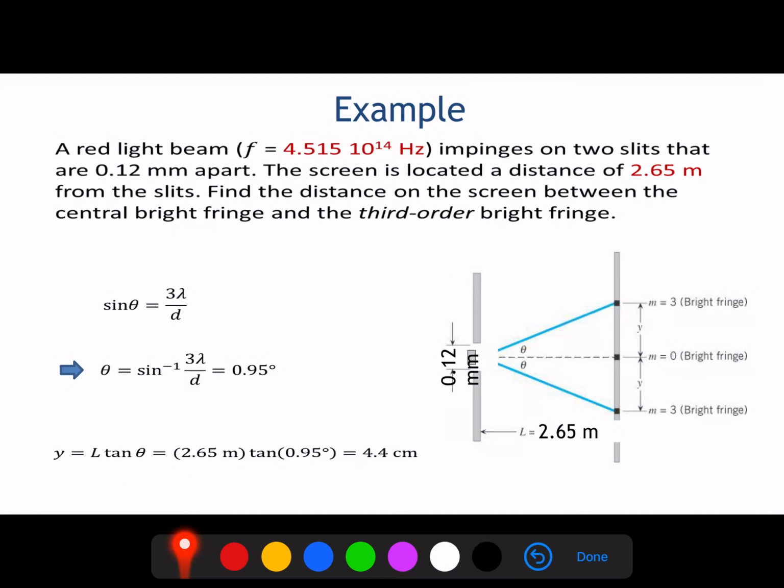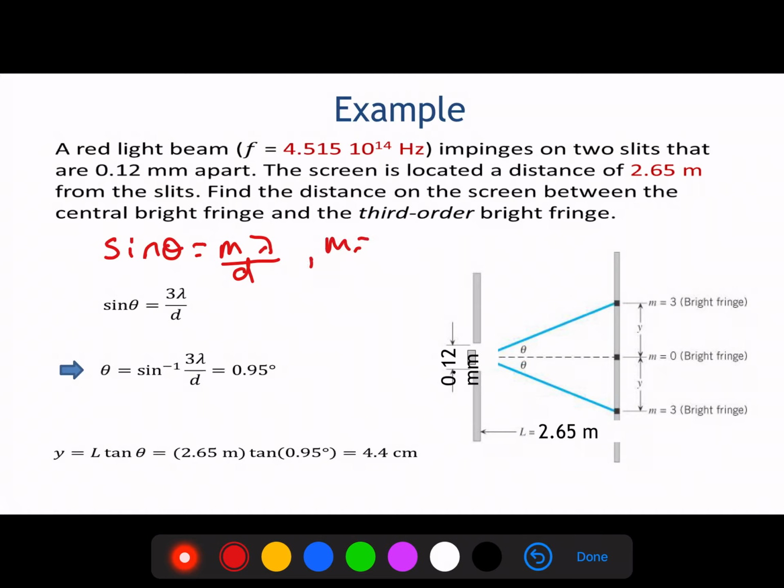What we're interested in knowing for this problem is how high up the screen, in this y value, will be my third order bright fringe. So we take the equation that we were given on the previous slide, which was sine theta equal to m lambda over d, and since I'm interested in the third fringe, my m is going to be equal to 3.